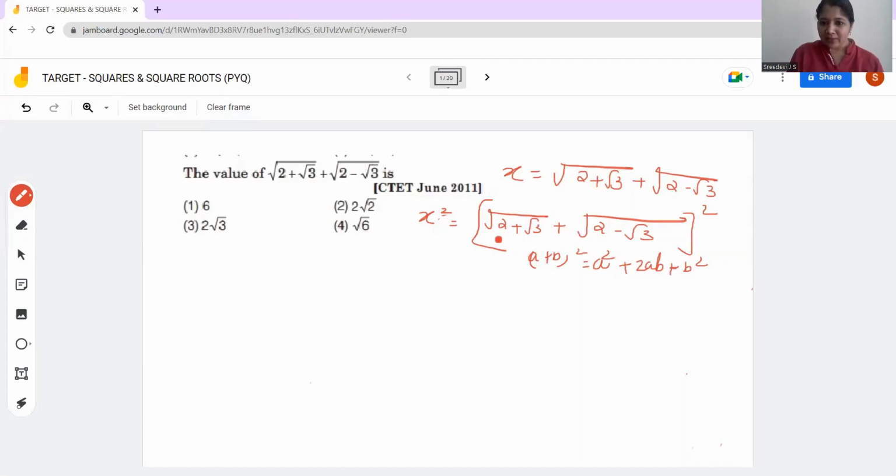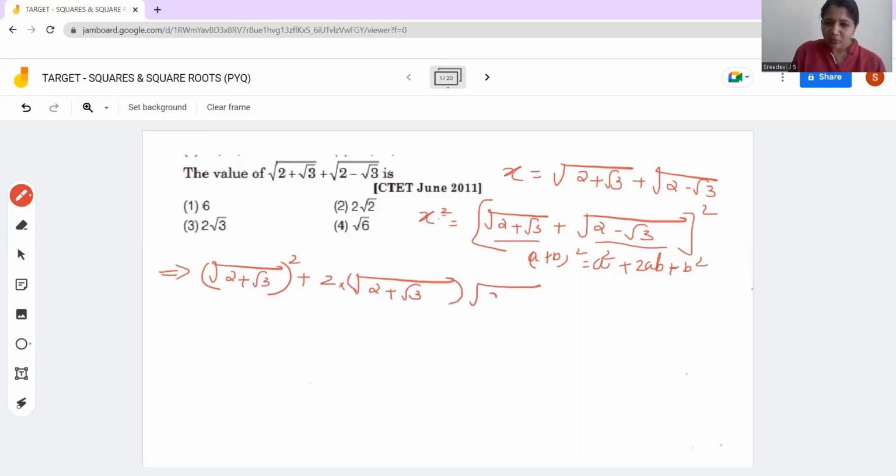Here you can see in the place of a square root of 2 plus root 3 and in the place of b square root of 2 minus root 3. So when we expand, we'll be getting a square, that is square root of 2 plus root 3 the whole square, plus 2ab, that is 2 into square root of 2 plus root 3 multiplied by square root of 2 minus root 3, then plus b square, that is square root of 2 minus root 3 the whole square.